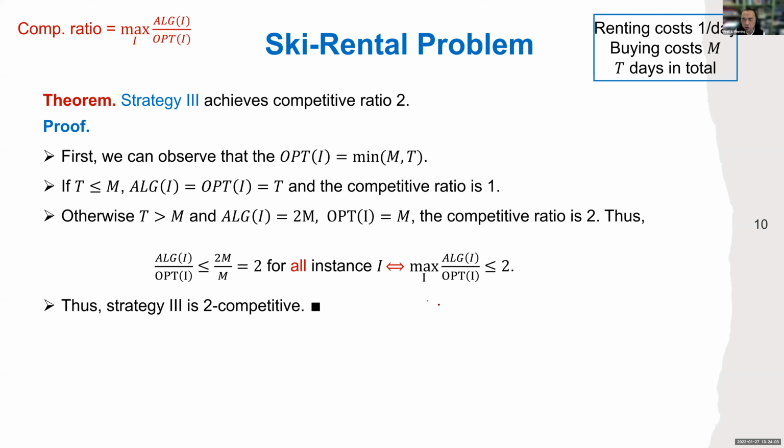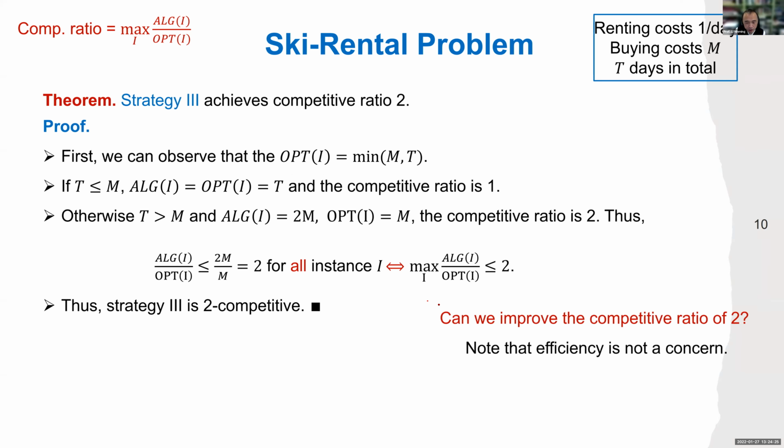If we're going to improve, then we try to prove a lower bound. And actually, this algorithm, the ratio 2, is tight because we do have an example where it is exactly 2. It's just when T is equal to M, or M plus 1. If T is equal to M plus 1, it's approaching 2, arbitrarily close to 2.